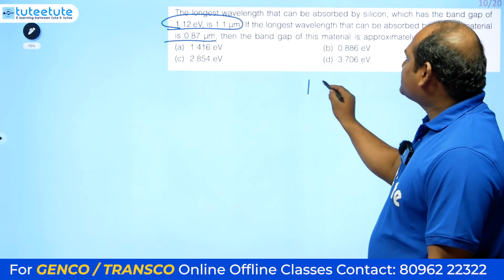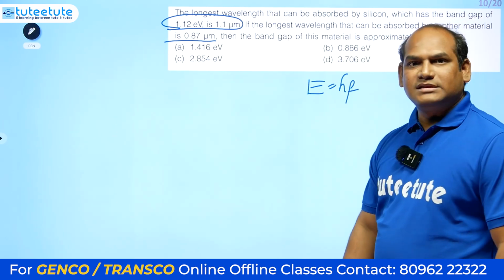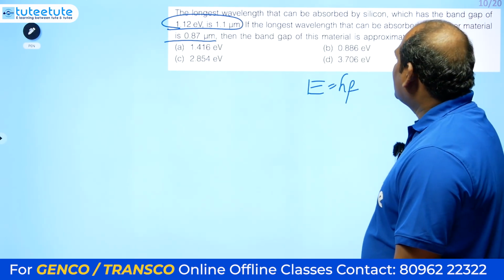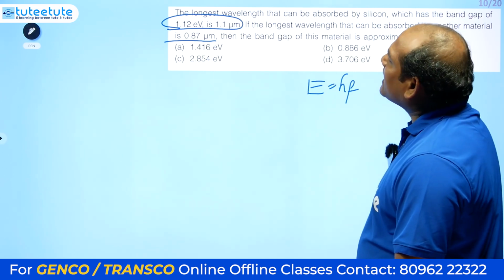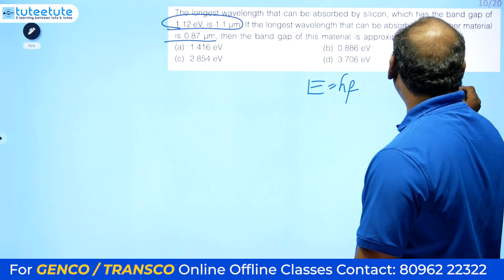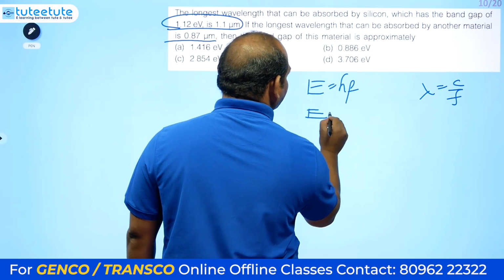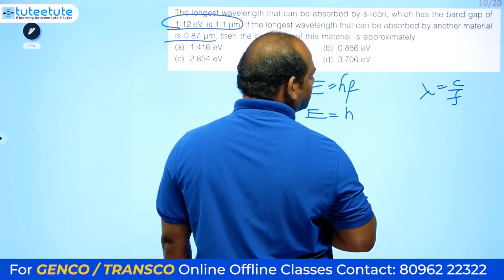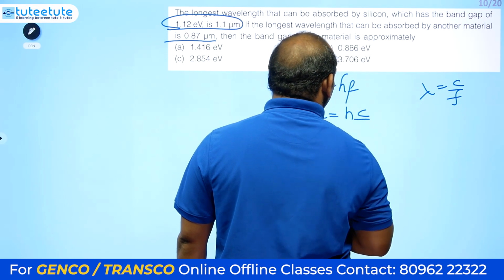So energy is equal to hf, this is the equation for the relation between energy and frequency. But they have given it with respect to wavelength. We know that lambda is equal to c by f, so we can rewrite this equation: energy is equal to h into frequency, that is hc by lambda.